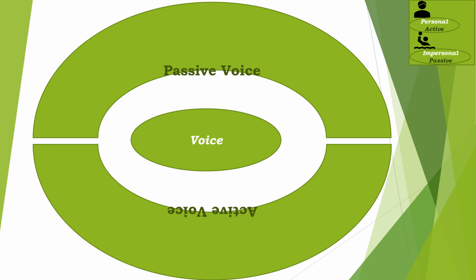We use passive voice when it is more important to focus on the receiver of an action than on who performed the action, such as when describing an experimental setup.